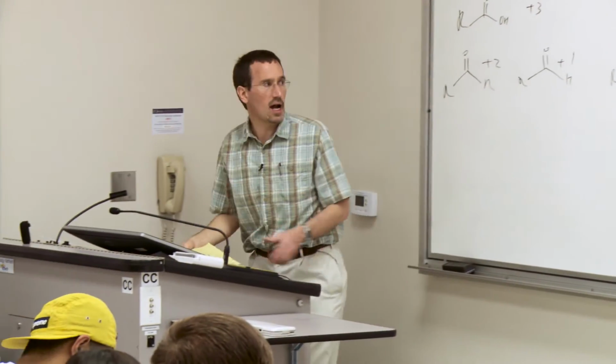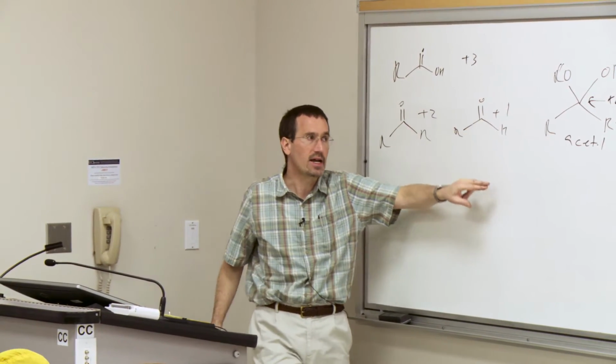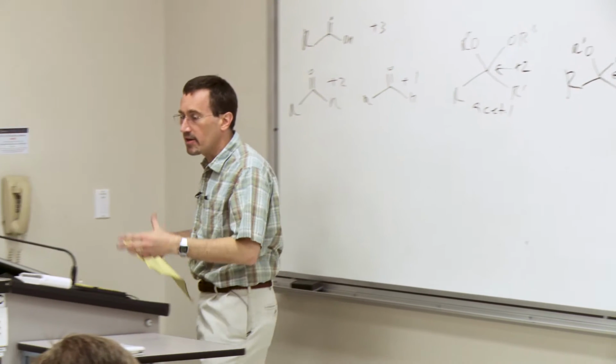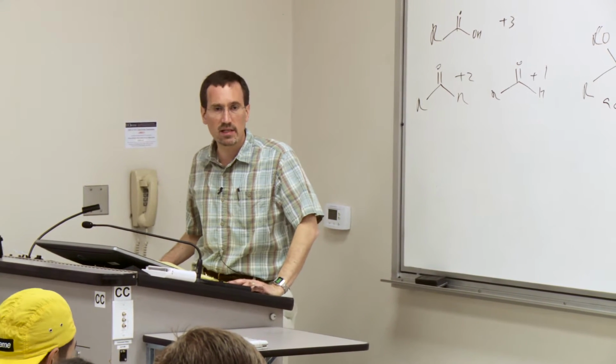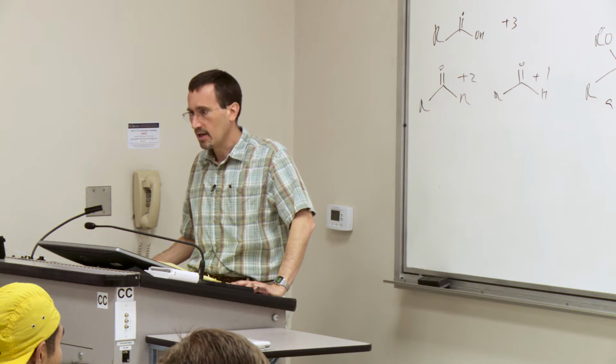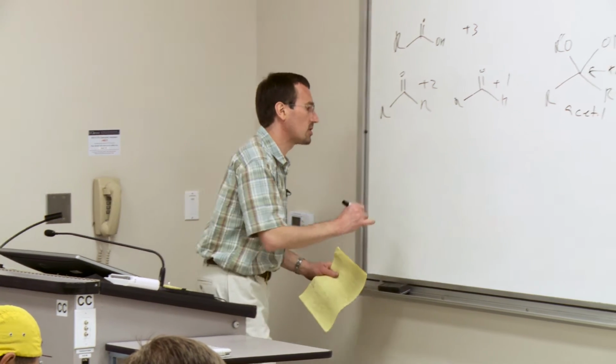No change in oxidation state in going from an aldehyde to an acetal, or a ketone to an acetal. How do you make an acetal? How do you synthesize an acetal from an aldehyde? Alcohol and acid catalyst. Typical no oxidation state change reaction.